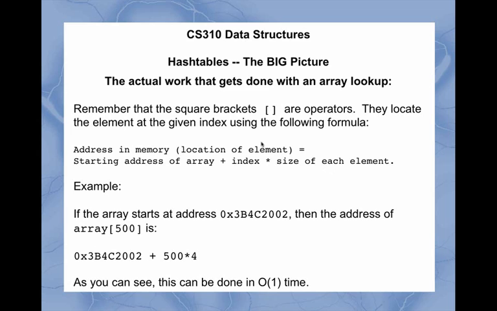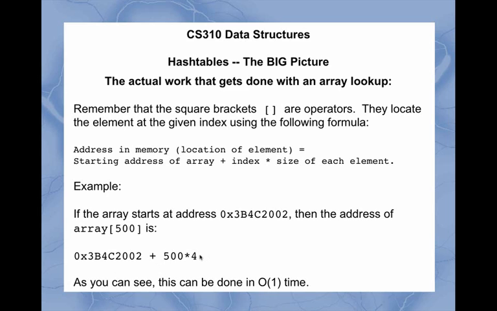So with the index 500 example, it would be the starting address of the array plus 500 times 4, and it's 4 because each integer in Java takes 4 bytes. They're 32 bits. So the byte address of index 500 is calculated this way.